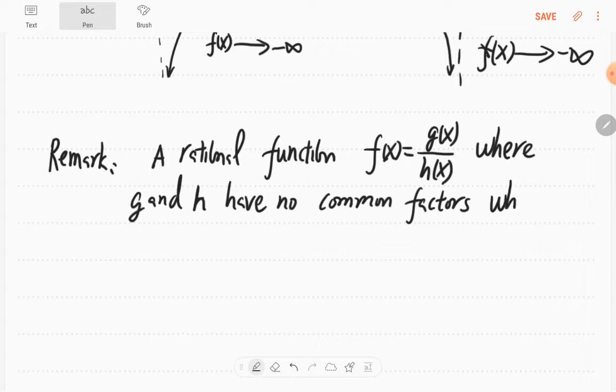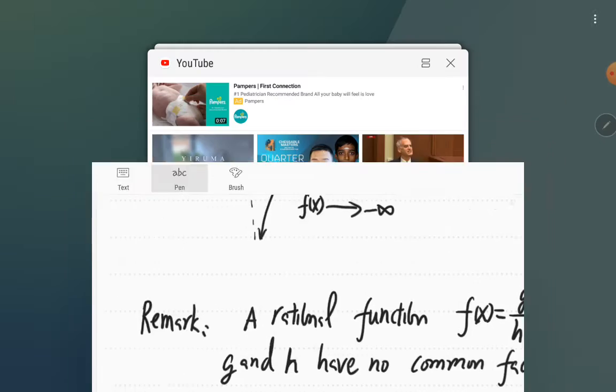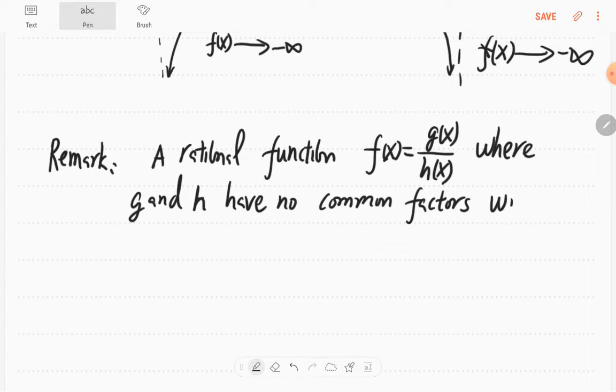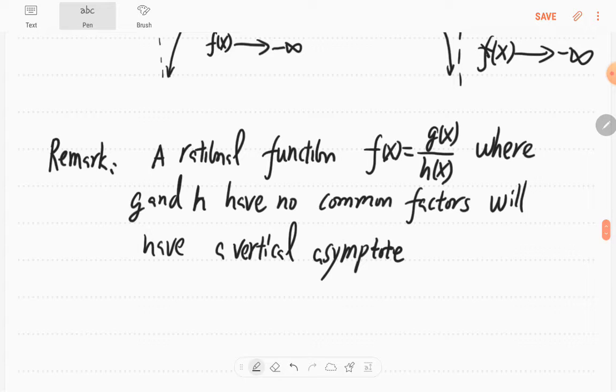We'll have a vertical asymptote at the zeros of h of x.